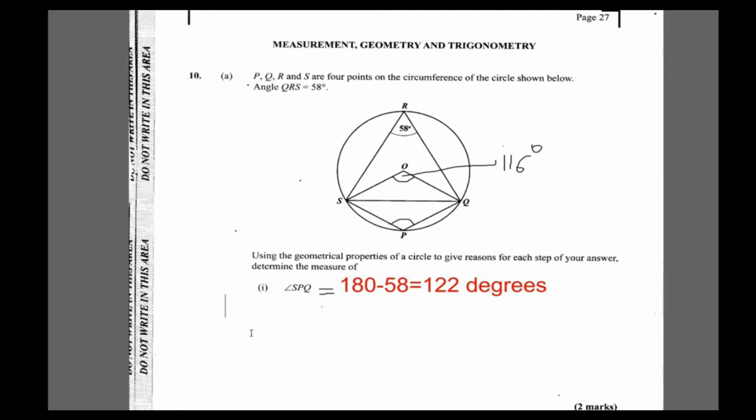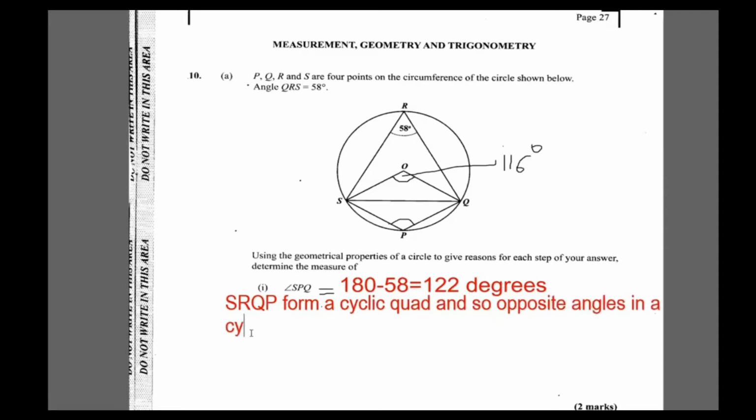You can tell them that SRQP forms a cyclic quadrilateral, and so opposite angles in a cyclic quad sum to 180.